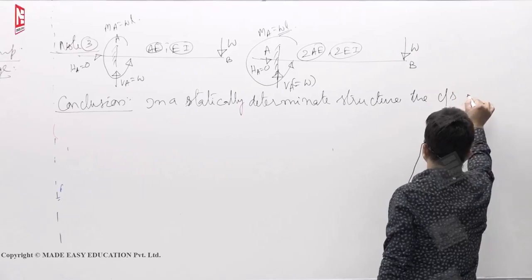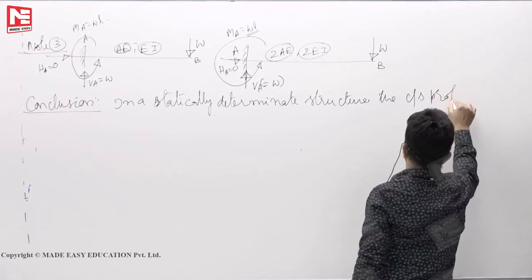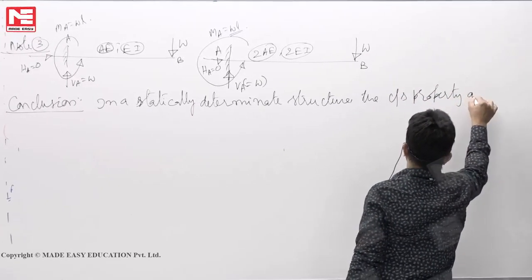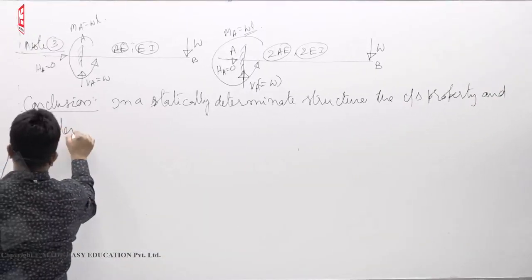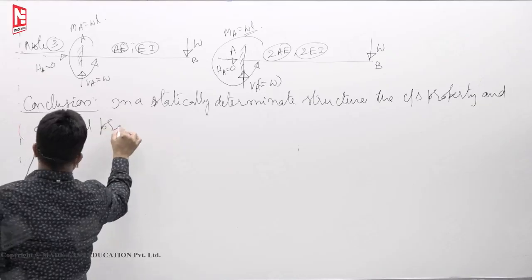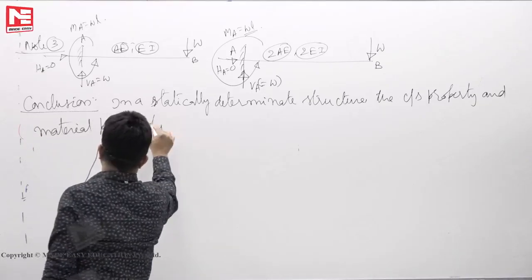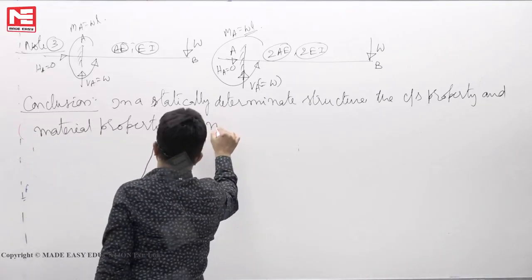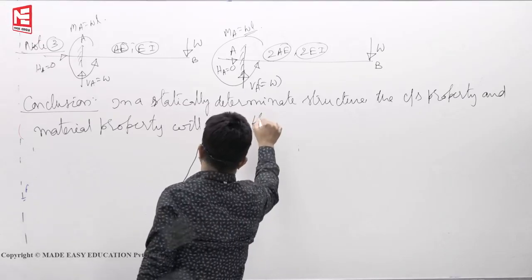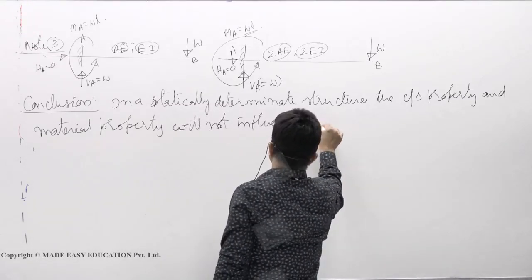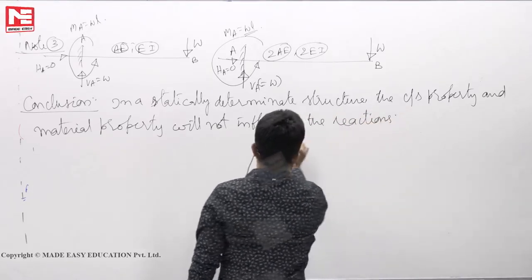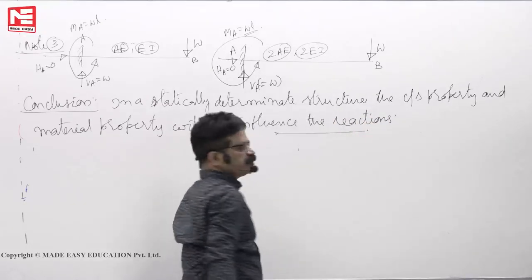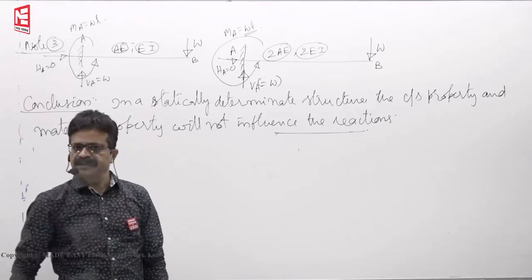The cross-sectional property and material property will not influence the reactions. That means reactions are independent of material property.